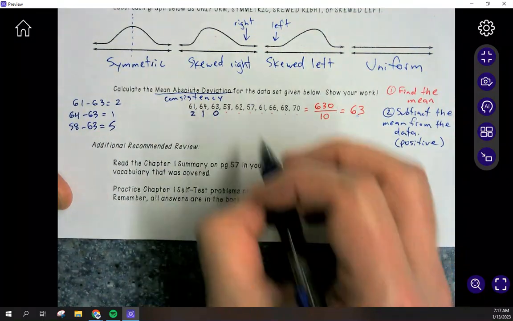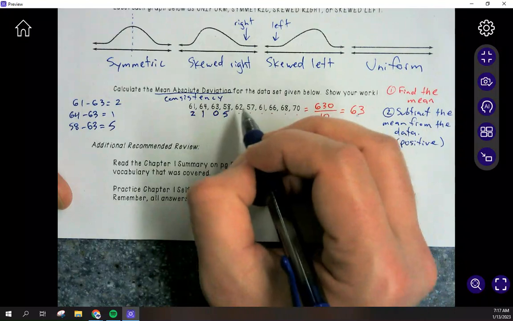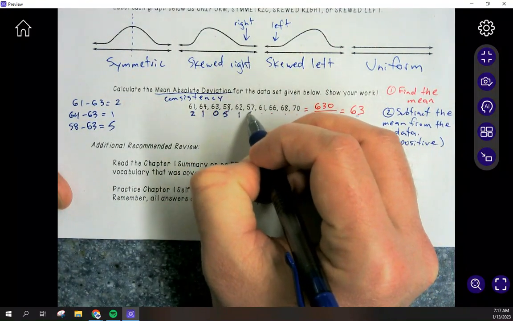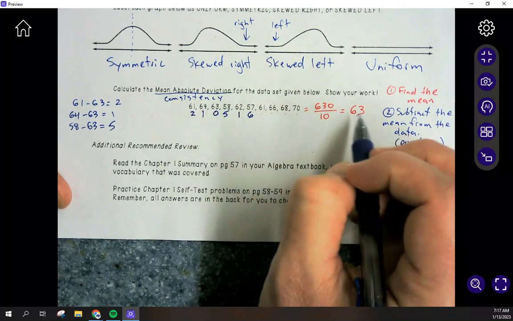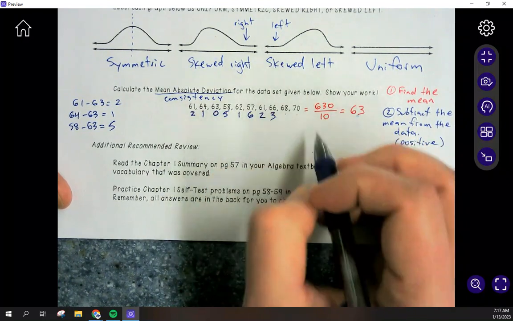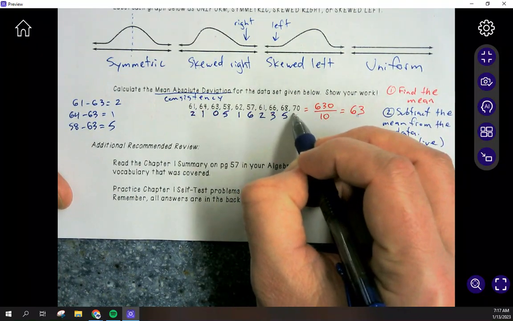Yes, we would get negative 5, but we're expressing as a positive. We just want to know how far is it. 5. 62 is 1 away. 57 is 6 away. 61 is 2 away. 66 is 3 away. 68 is 5 away. And 70 is 7 away.